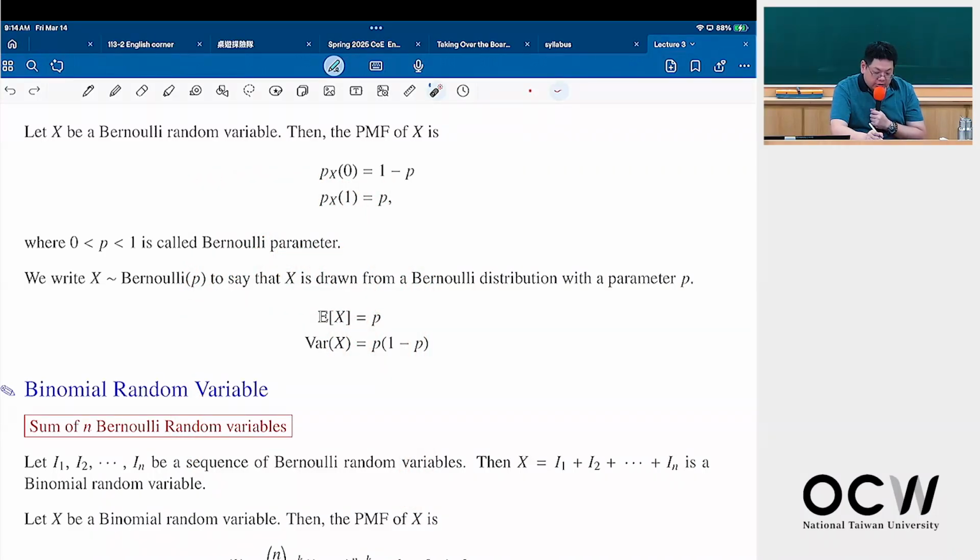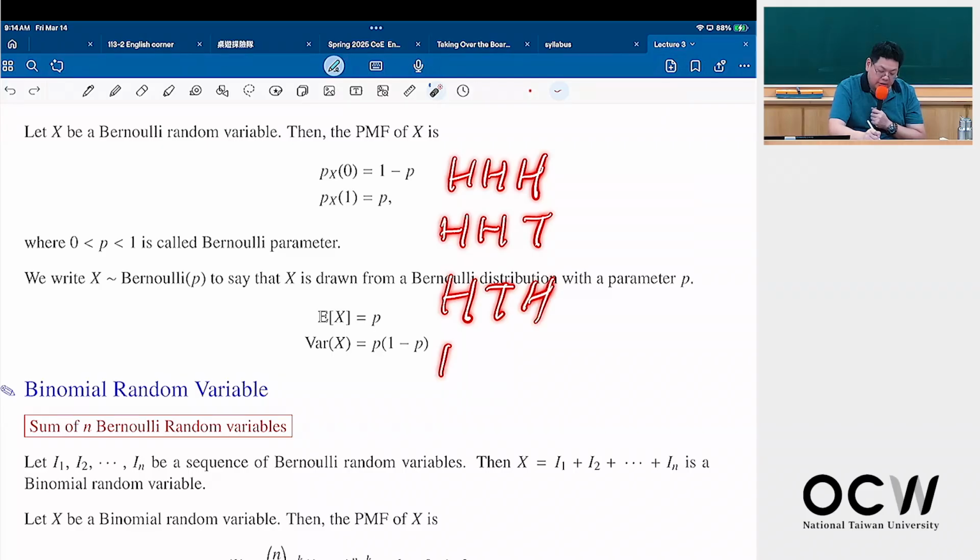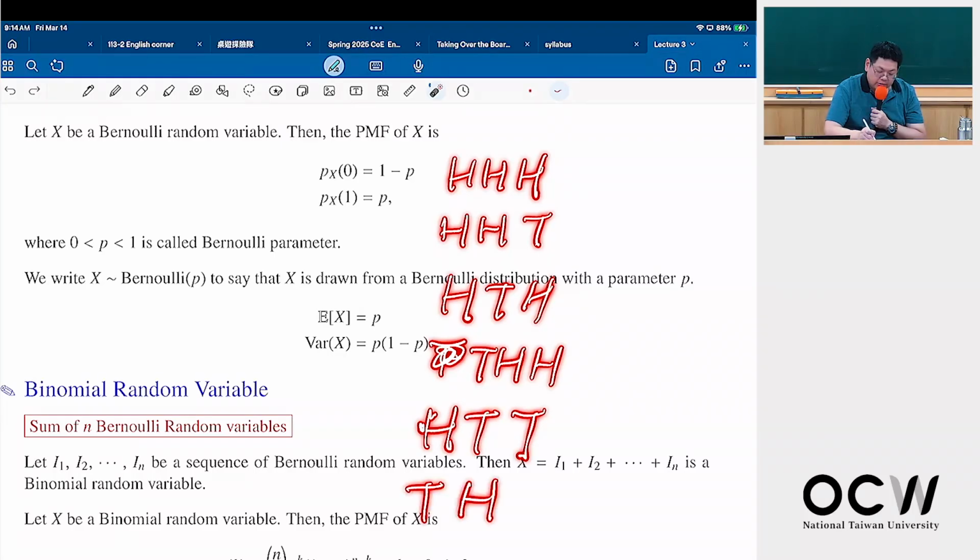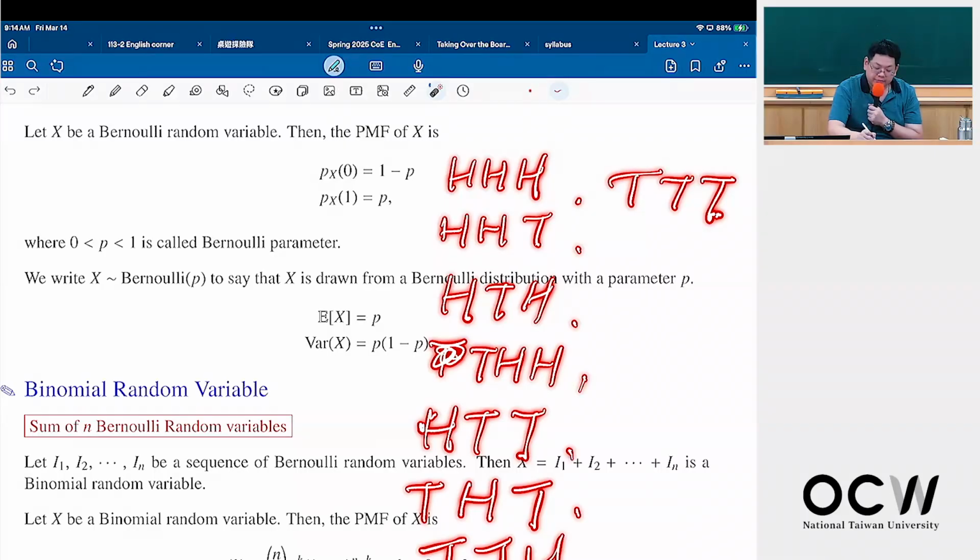If I flip the coin 3 times, what is the probability of getting 2 heads?